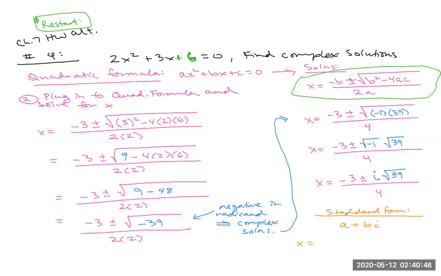So x would be equal to -3 over 4 from here, plus minus square root 39 over 4 i. Okay, so that part's from here. So those would be your two solutions. You can check, square root 39 is not reducible. So that covers number 4.